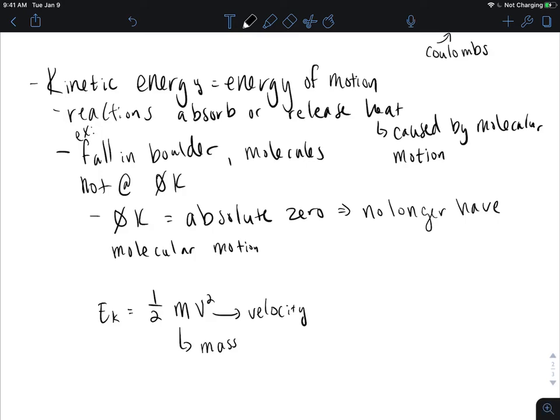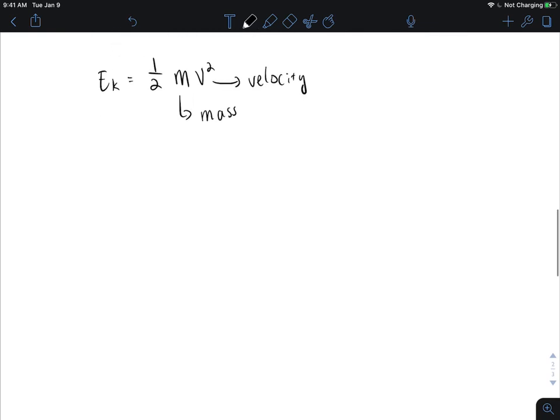So the more massive, the greater the velocity, the greater the kinetic energy. Okay. We can look at what are called energy units.